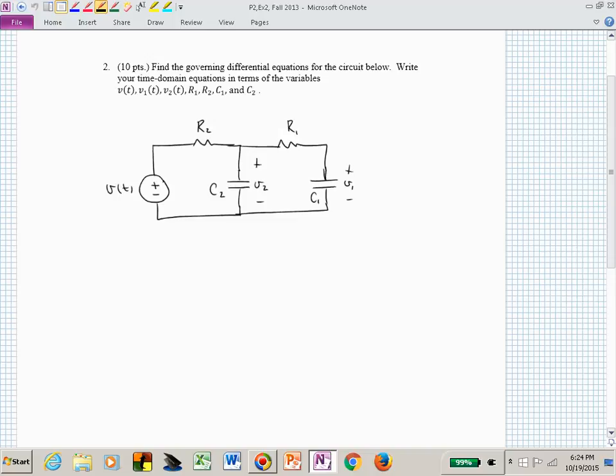Questions on this? Do you want me to go through this problem? Which way do I want to do it? Who knows? There's all sorts. Which way would you like to see it done?